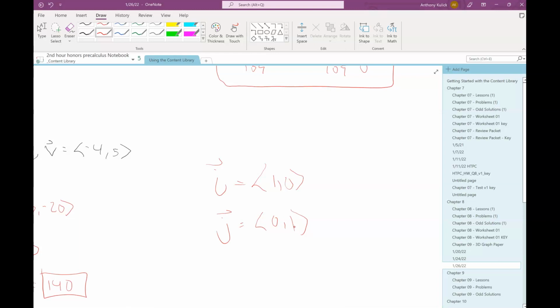Also, would the angle between two vectors be a formula that would be on the test, or do we have to memorize it? That's a good question. I don't remember off the top of my head. I'm going to get the review up in the next day or two, and I'll put everything that I'm going to put on the test on the review. The last page of the review has the formulas that I would give you on the test. My suspicion is yes, that's one I would give you, but I need to look at what I've done in the past to double check.